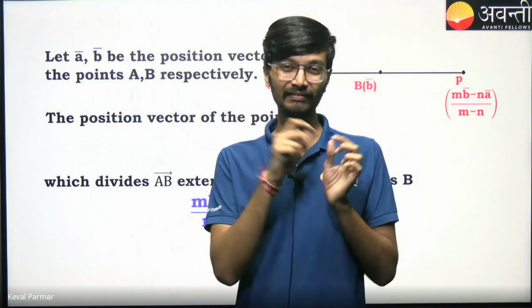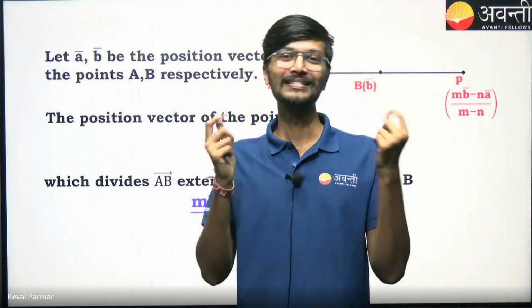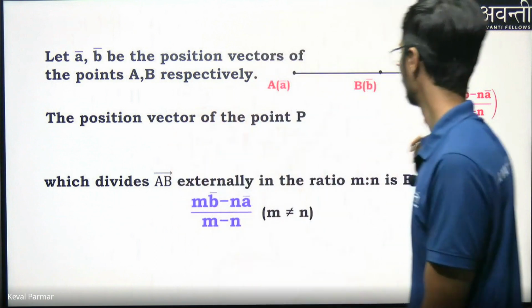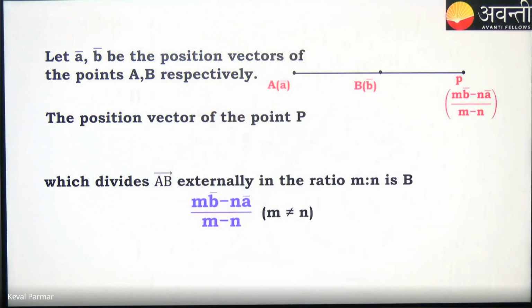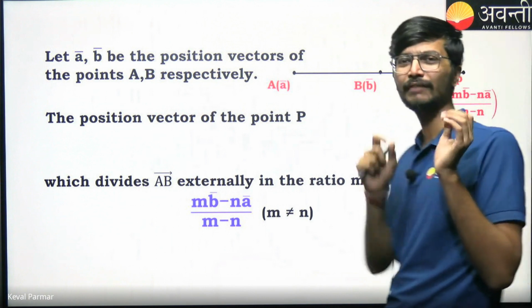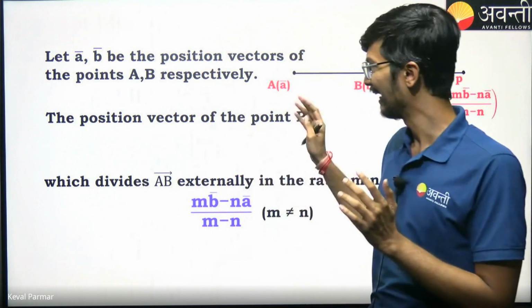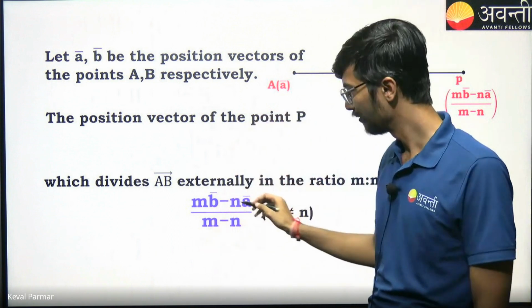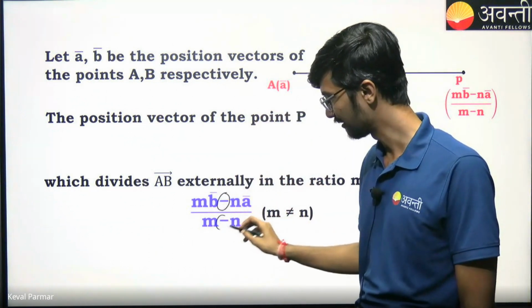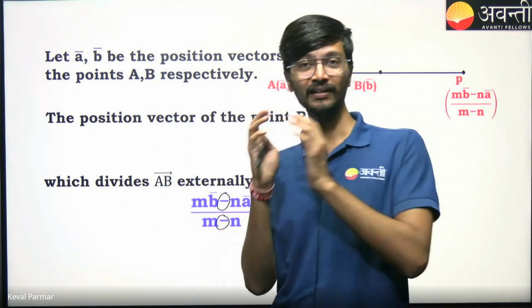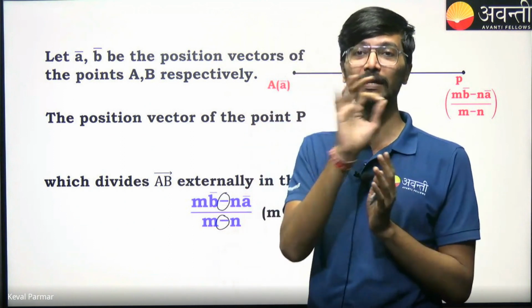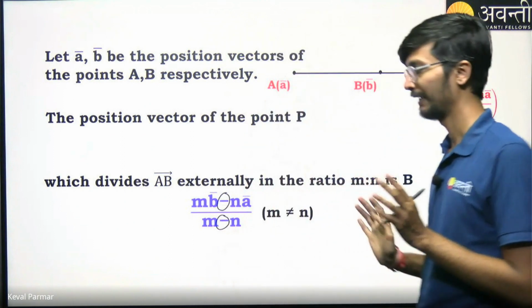If the points are not collinear, obviously there is no section formula. So let's say A, B and P are collinear. The only difference between internal and external division is the minus sign. In internal division we had a plus sign, and here we have a minus sign.